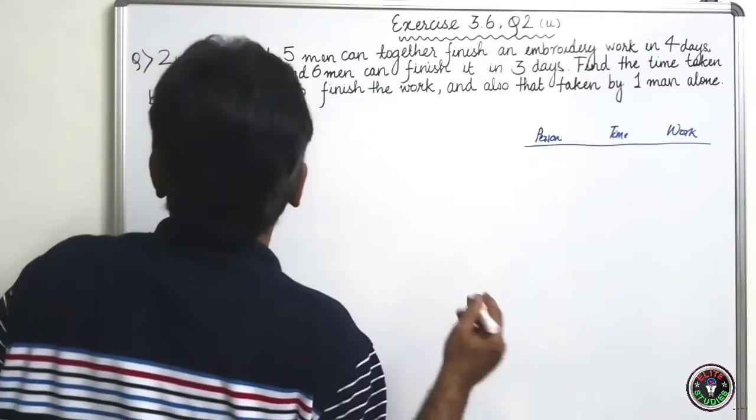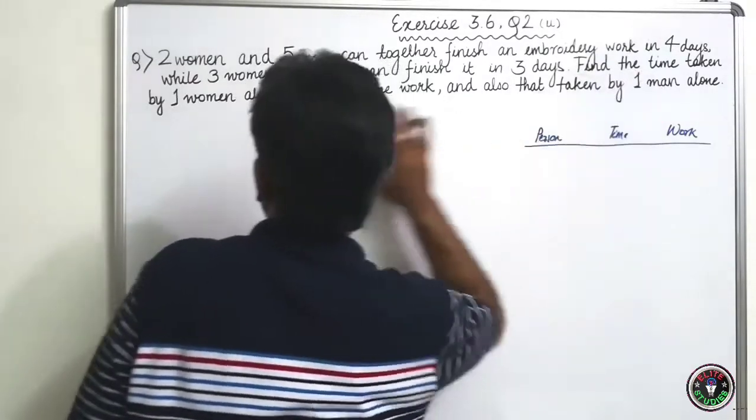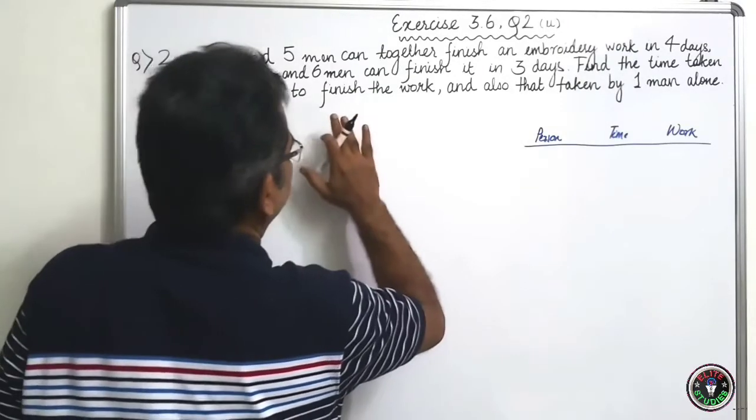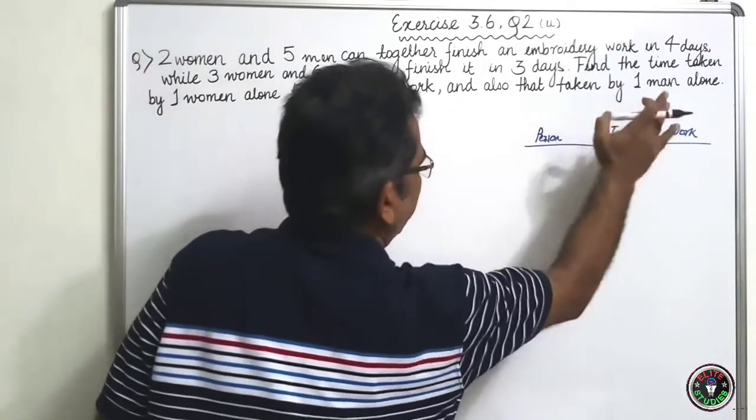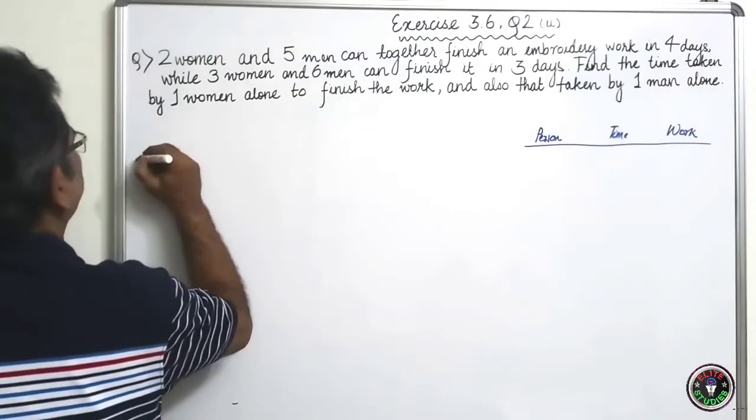What do we have to find? Time taken by 1 woman alone to finish the work and also time taken by 1 man alone. So, solution.